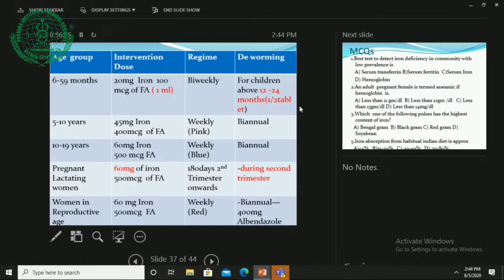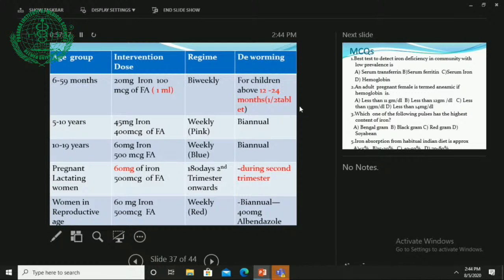for the child who is less than 5 years. Dose is given bi-weekly. The bottle which contains this syrup is of 50 ml and 1 ml is given to the child. The dose is bi-weekly. And regarding deworming, for the children who are less than 1 year, deworming is not done.